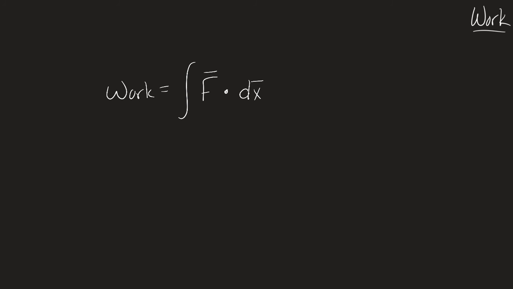Tell me I don't have to repeat that a lot. Work is the method by which you change something's energy through the use of a force. Attention teachers. All right, so work is the method by which you change something's energy by using a force.